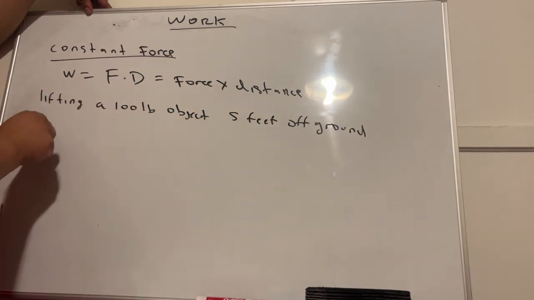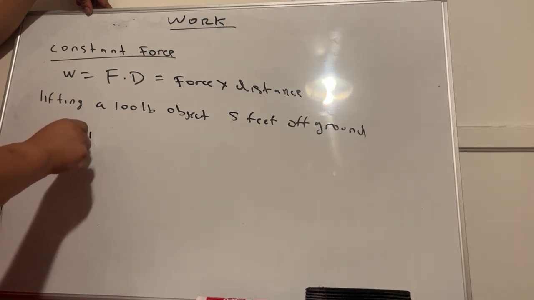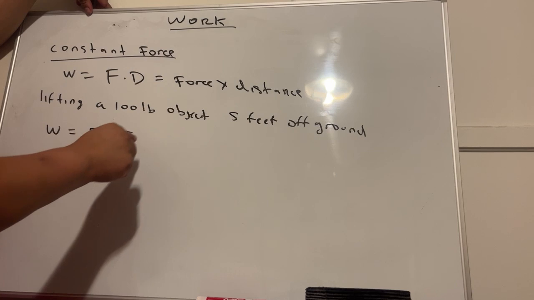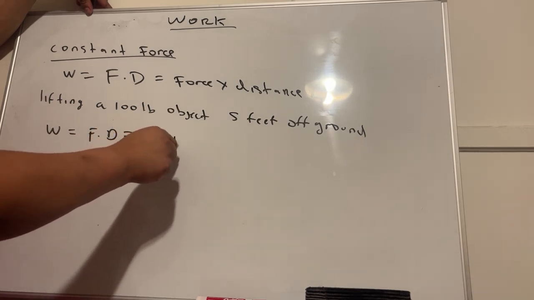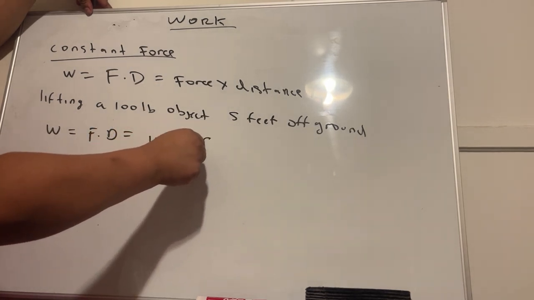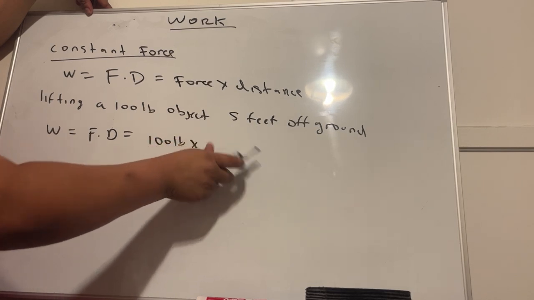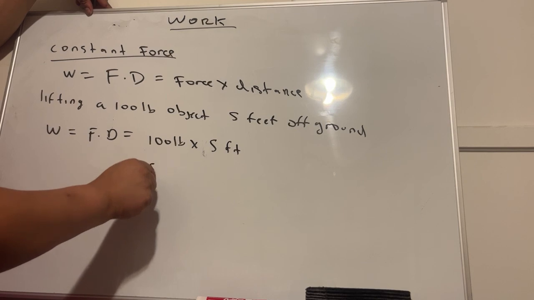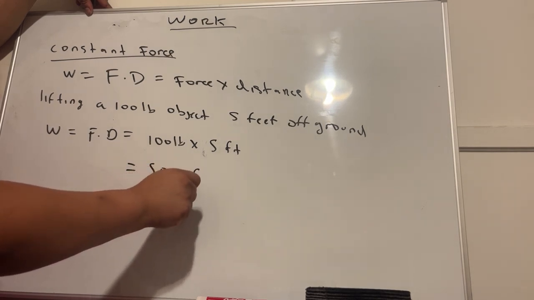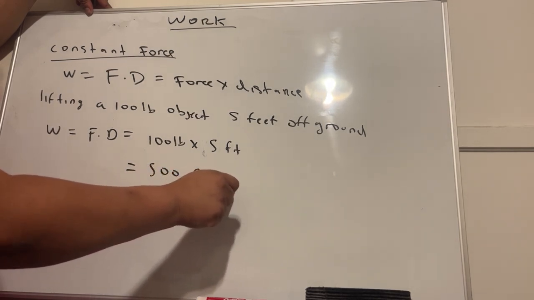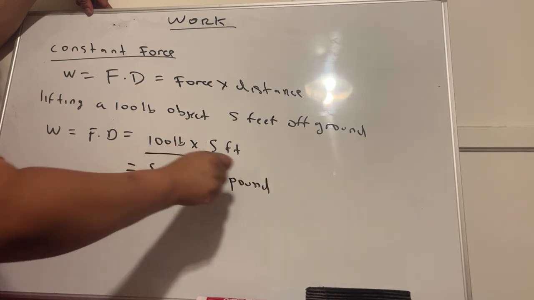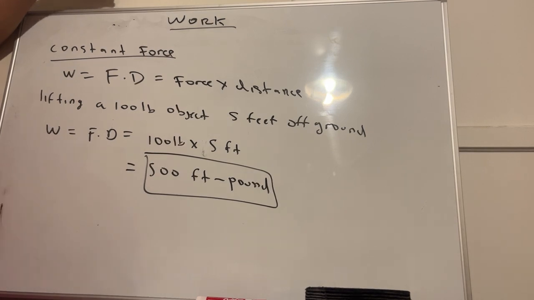The way you do it is work is equal to force times distance, which is equal to 100 pounds times 5 feet, which is equal to 500 foot-pounds. That's the way you do this type of problem.